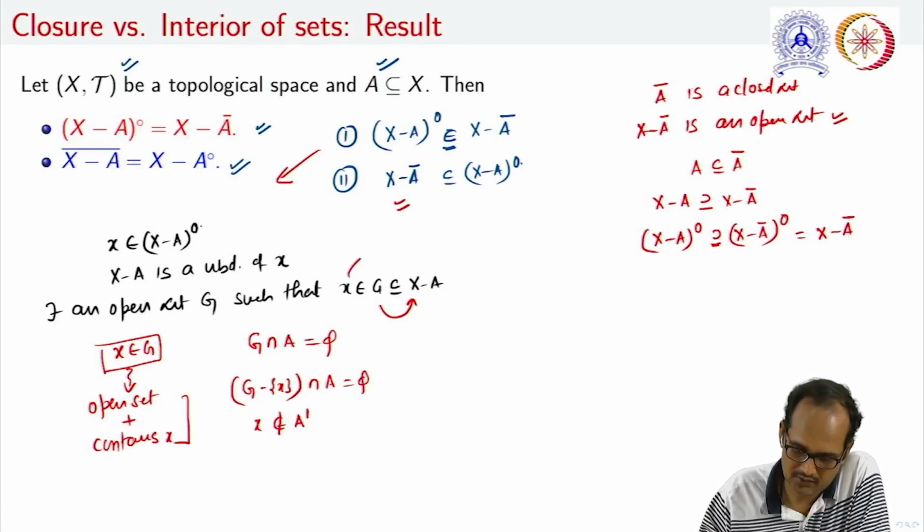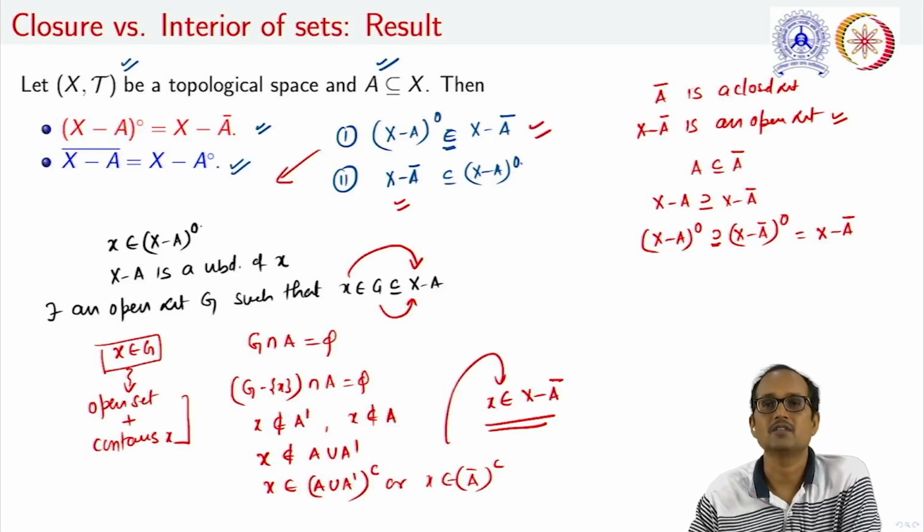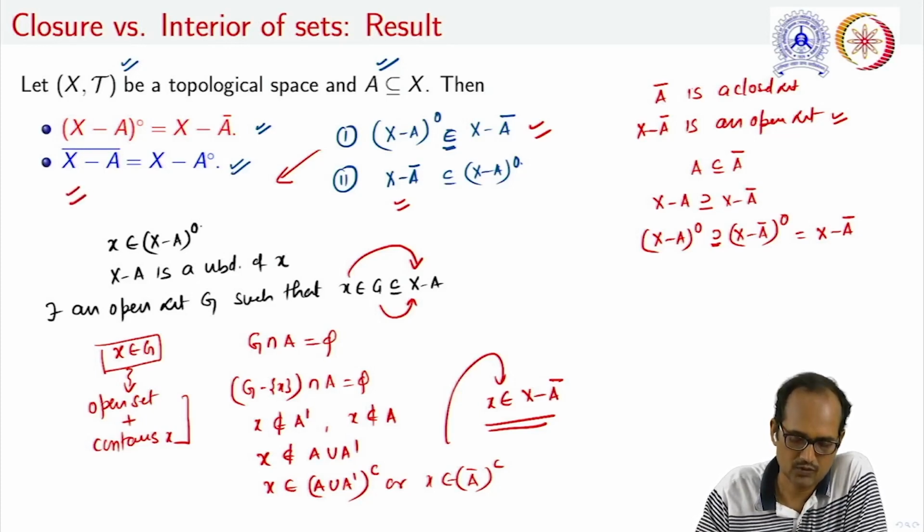Also, because x is an element of X minus A, x belongs to G, and x does not belong to A. Meaning x does not belong to A union A dash, or x belongs to the complement of A union A dash, that is, x belongs to the complement of closure of A, or from here x belongs to X minus closure of A. That's the proof of this result, that is, X minus A interior is a subset of X minus A closure. In the same way, we can deduce the other result.